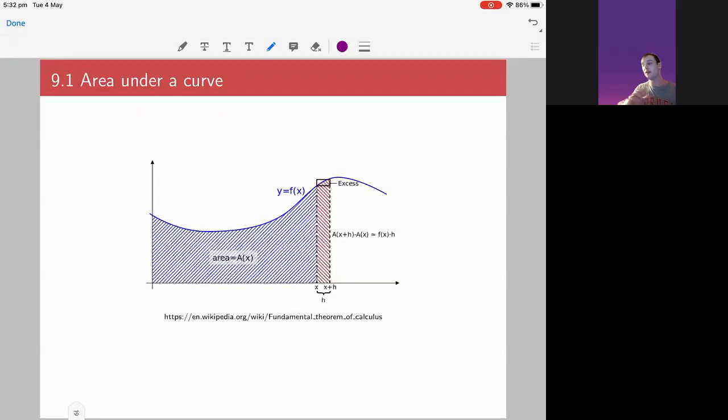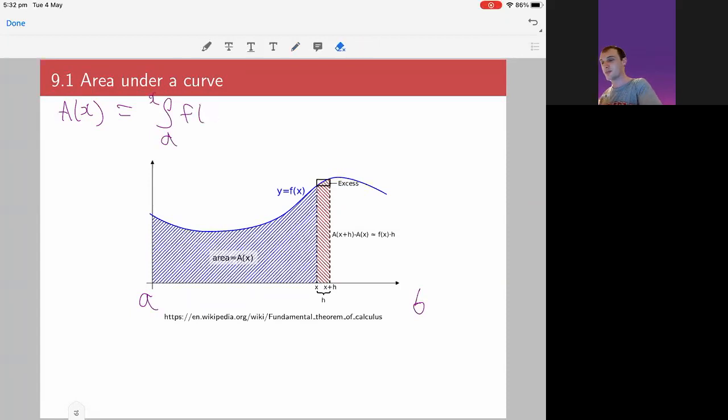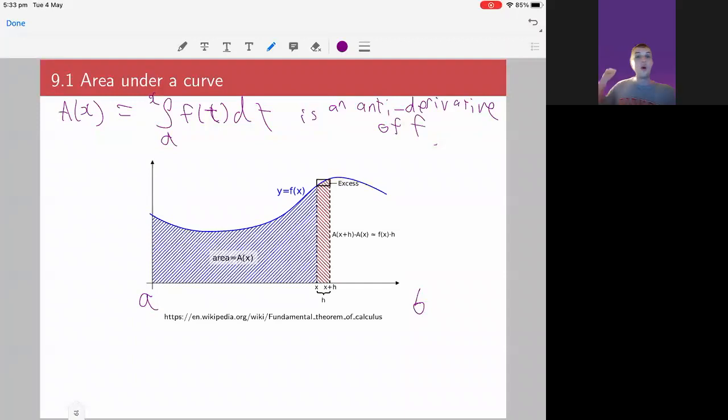So remember, the fundamental theorem of calculus said that this function A of x, which is equal to the integral from a up to x of F of t dt, this function is an antiderivative for the function F. What does that actually mean?